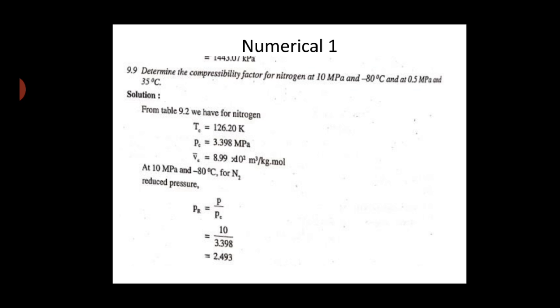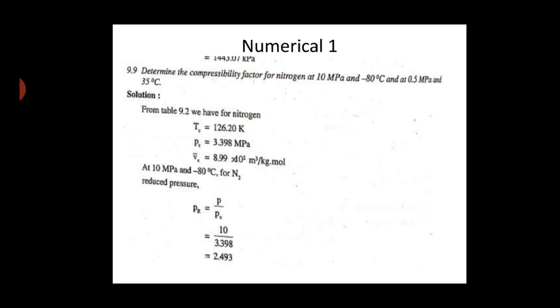So Tc is the critical temperature, 126.20 Kelvin, critical pressure is 3.398 megapascal, and critical volume is 8.99 into 10 raised to 2 meter cube per kg mole, that is the molar specific volume. Now the first condition, 10 megapascal pressure and minus 80 degrees centigrade for nitrogen.